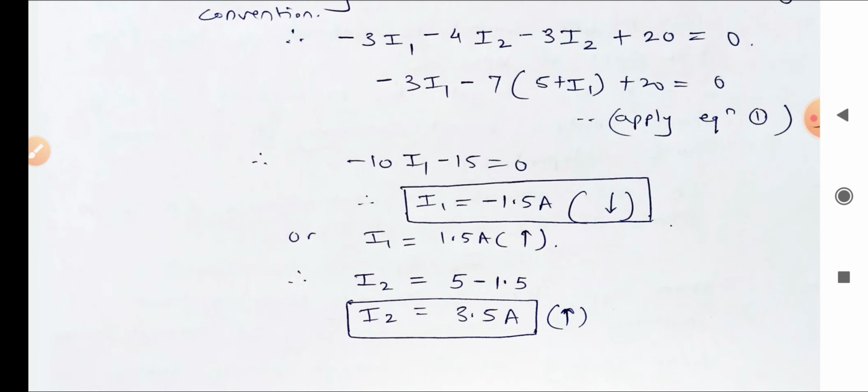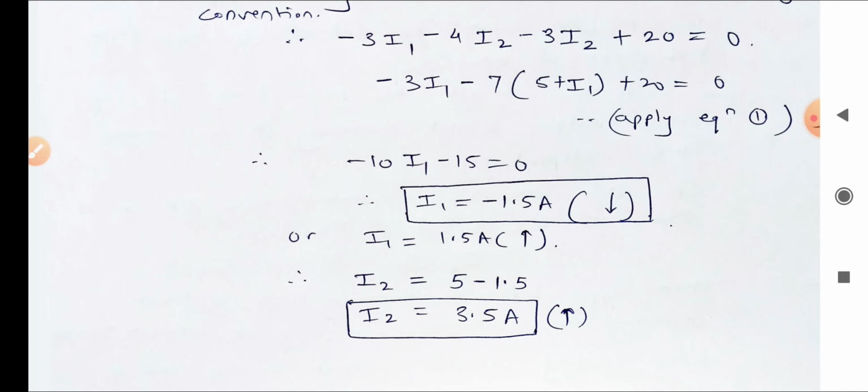Now whenever I get the value of I1 as negative, here it is minus 1.5 ampere and it is in the downward direction. If you want to write this current with a positive sign, you just reverse the direction of the current.